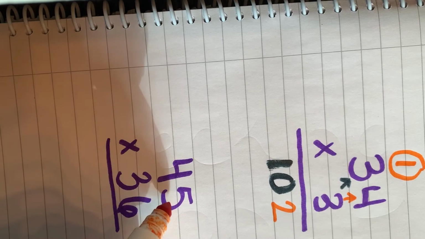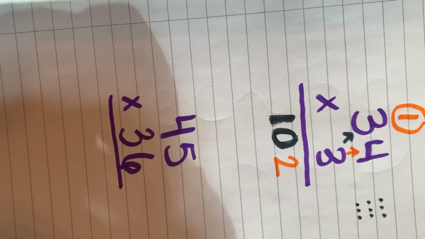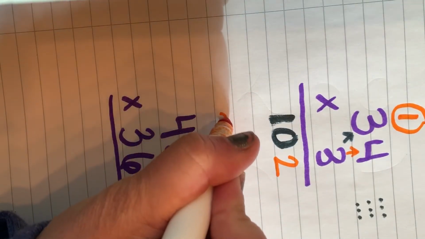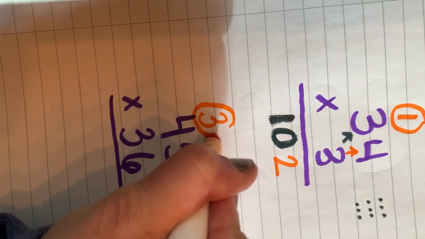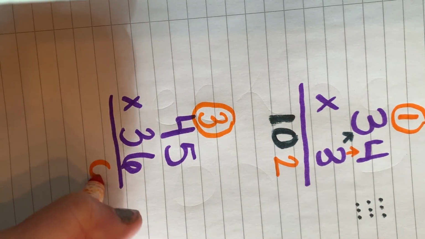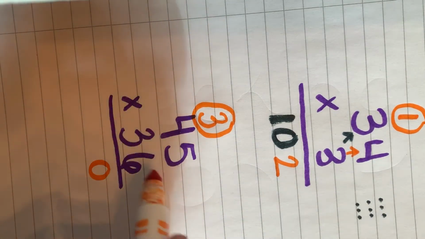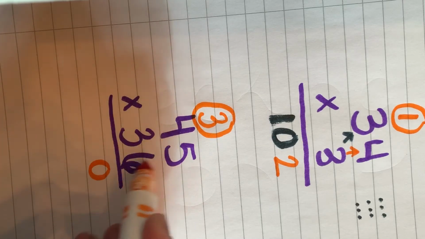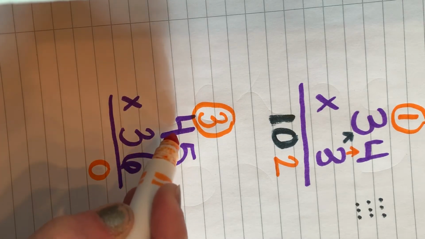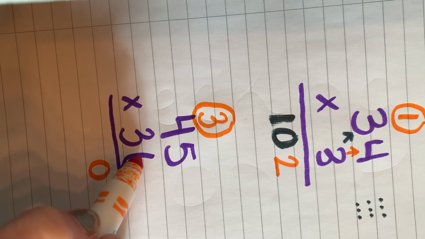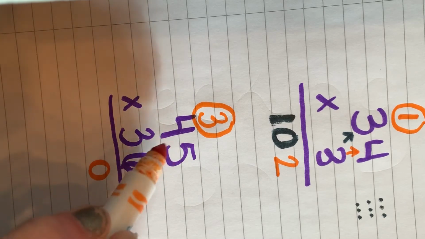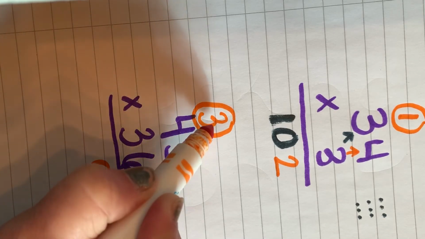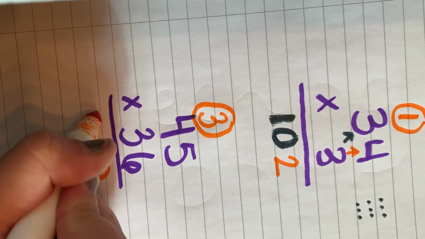So 6 times 5 is 30. My 3 comes up. My 0 comes down. Now I'm done here, but I still need to do 6 times 4. So 6 times 4 is 24, plus 3 is 27.